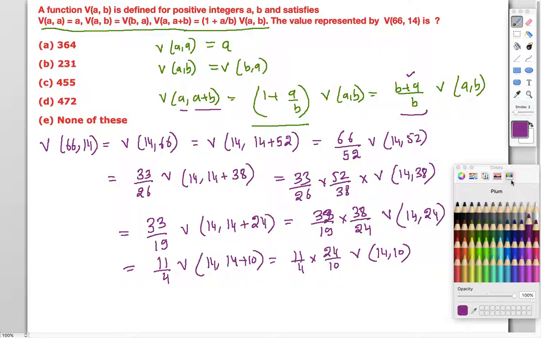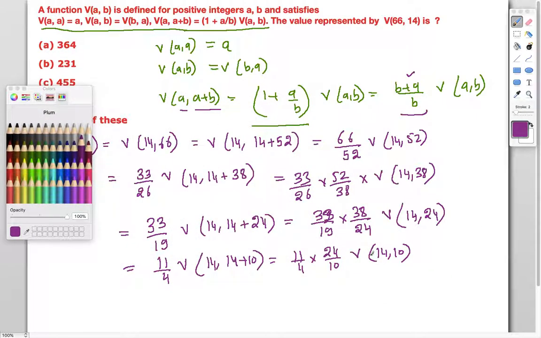If you simplify further, 4 sixes are 24, and so on, so that is equal to 33 by 5 into V(10, 14). Further, 14 is 10 plus 4, so b is 4, and that is V(10, 4).